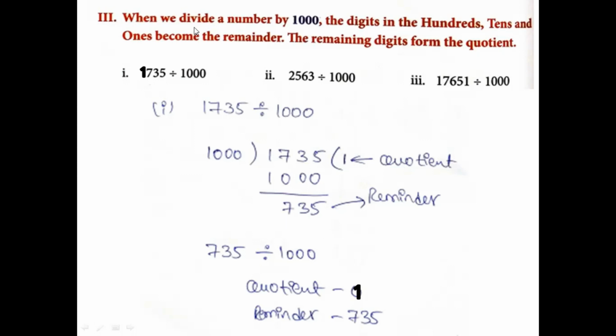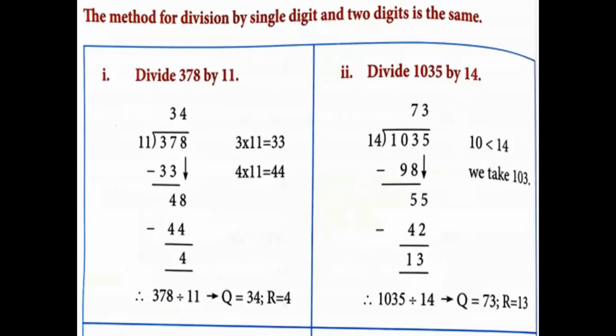When we divide a number by 1000, the digits in the hundreds, tens and ones, 5 in ones place, 3 in tens place, 7 in hundreds place become the remainder. The remaining digits form the quotient. Quotient is 1.